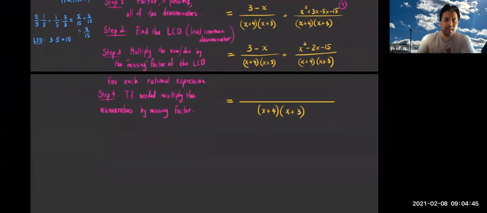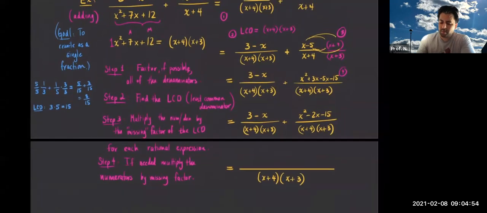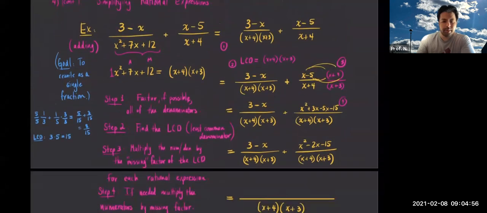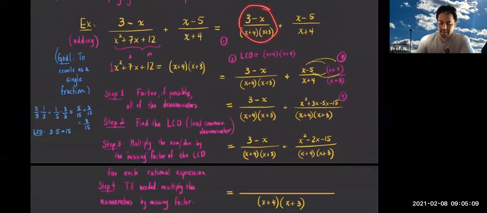Was the LCD (x plus 4)(x plus 3)? Yes, that is the LCD, Alexander. And then x plus 4 as a numerator? I'm not sure about that question. All we did was we found the LCD among the denominators. We recognized that this fraction already has the LCD, so I don't really have to change this.